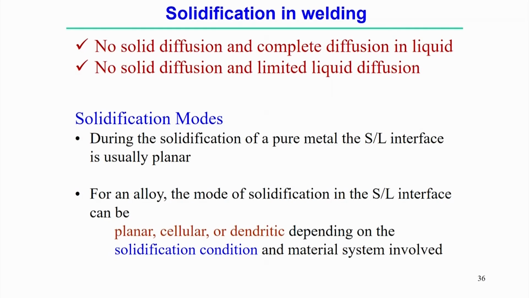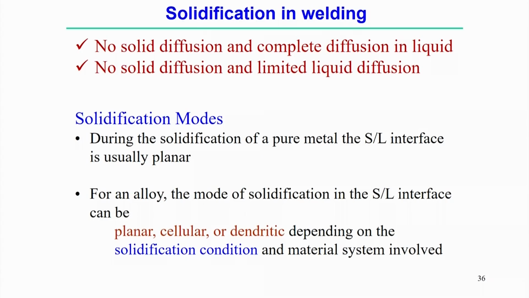Now, let us look into the different types of solidification modes. During the solidification of a pure metal, the solid liquid interface is usually planar. So, there is a front that moves, making a plane.